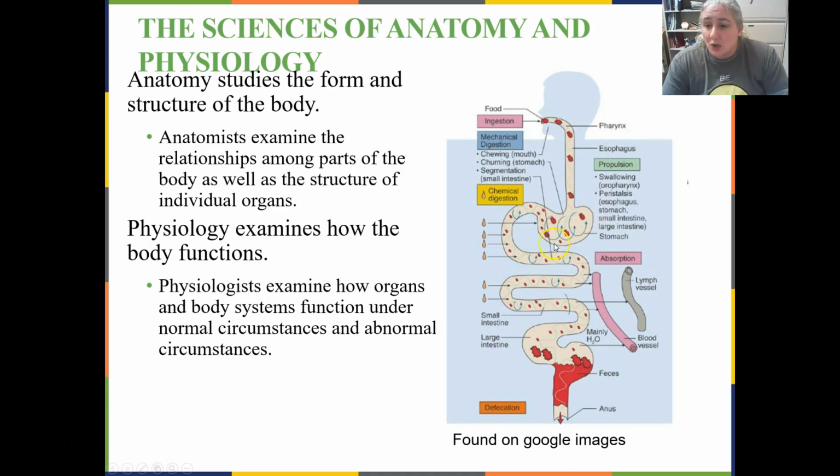You might see churning in the stomach, more digestion of materials, breaking down the materials further and further. In the small intestines, you might see absorption, you might see secretion. But what you're not going to really be focusing on is what do the structures look like? What are the structures composed of? Because that's what an anatomy person looks at, okay?